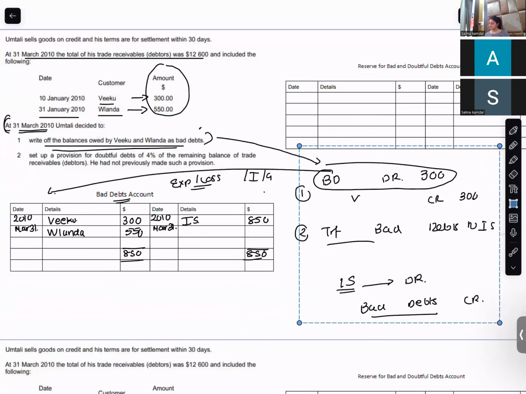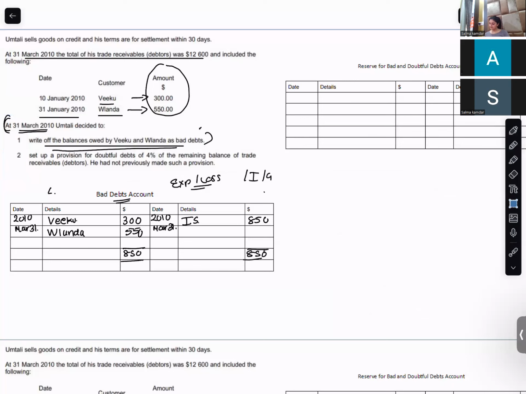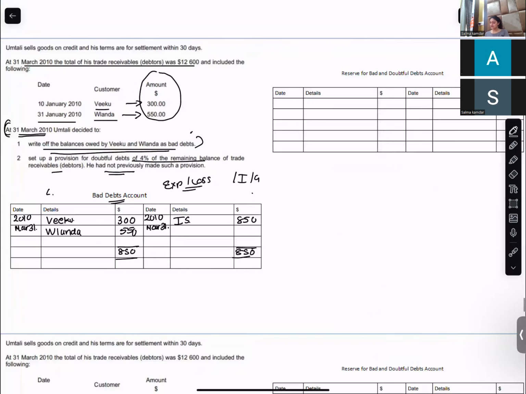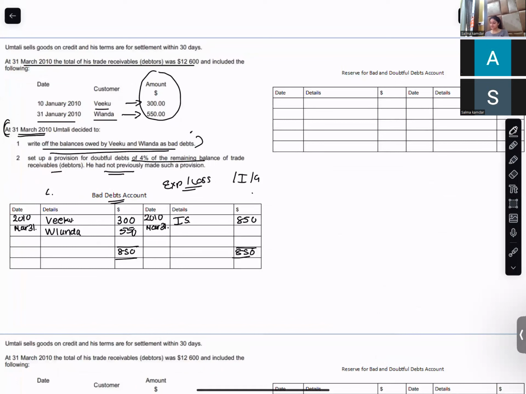Now read the next. Set up a provision for doubtful debts of 4% of the remaining balance of trade receivables. He had not previously made such a provision. So we are creating a provision not previously made. That means is there an old provision or not? There is no old provision, so no balance brought down. Okay, fine. Now the new provision. Which date? Last date, 31 March 2010.